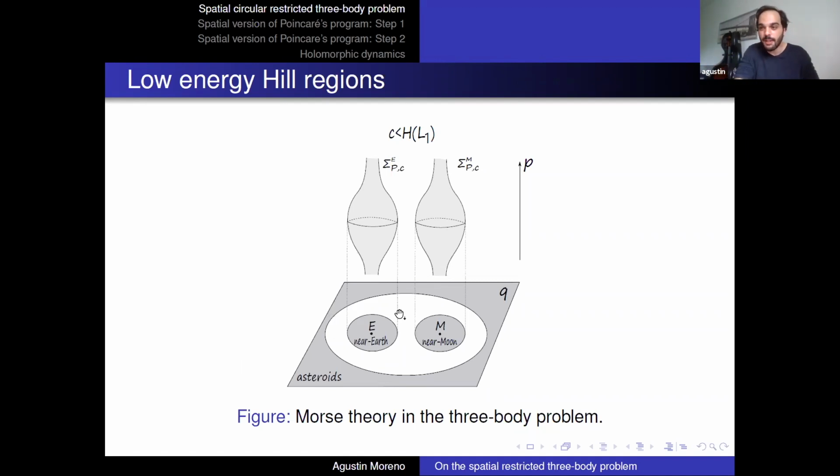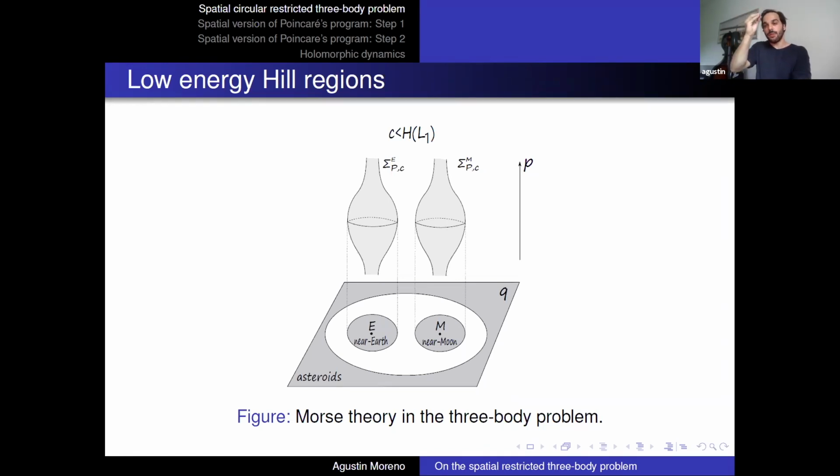So roughly speaking, if you don't have enough energy and you start near the Earth, then you will stay forever near the Earth. The same thing if you start near the Moon. And if you don't have enough energy and you start sufficiently far away, then you cannot get near the Earth and the Moon, and you're an asteroid. You're one of the good asteroids, right? The bad asteroids are the ones which come and crash the Earth. We don't like those. Okay, so this is Morse theory in the low energy range.